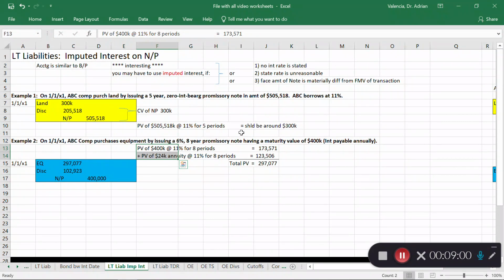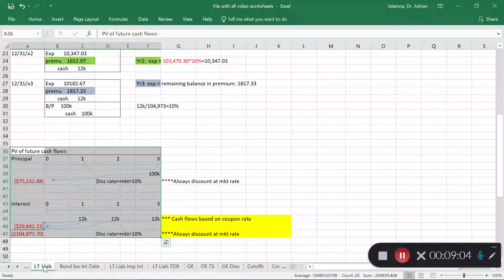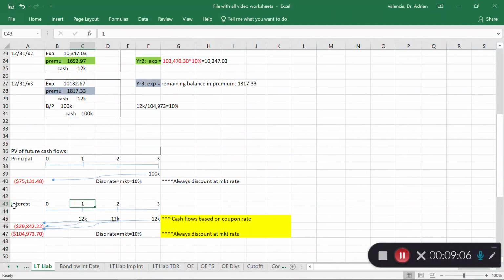If you watch the long-term liability video, it may help you to remember that whenever we do any of these present value calculations, and I encourage you to go back and watch that video if you need to, we always compute the present value listing out the cash flows based on the coupon rate or the stated rate, whatever the negotiated amount or percentage is.